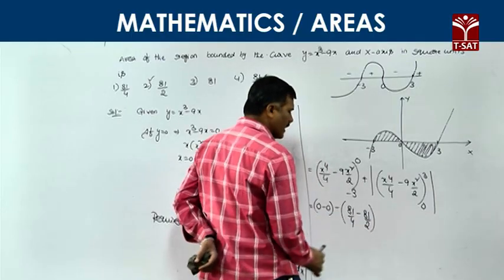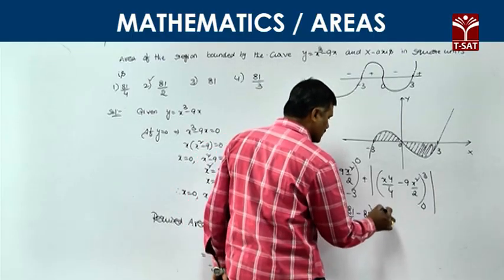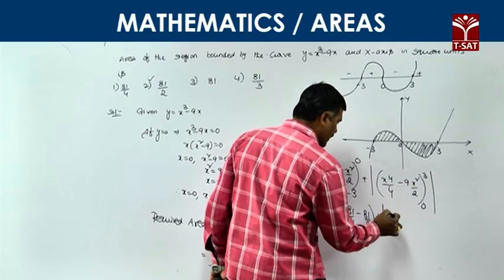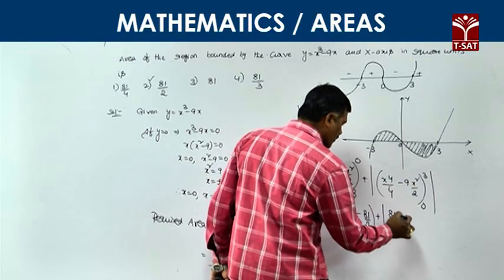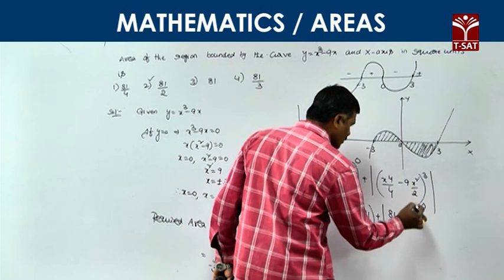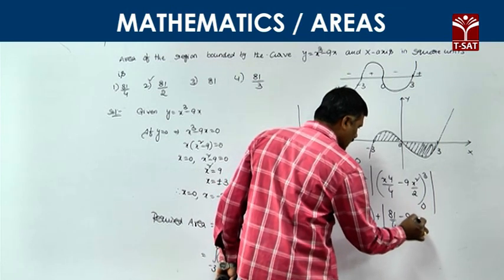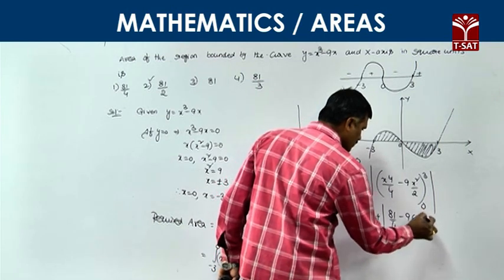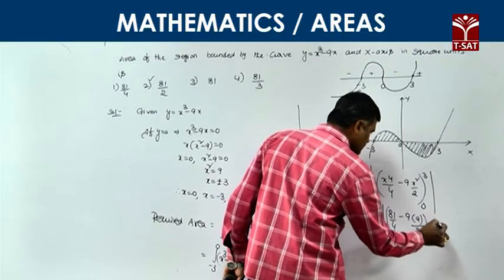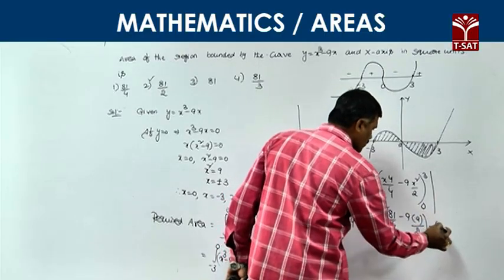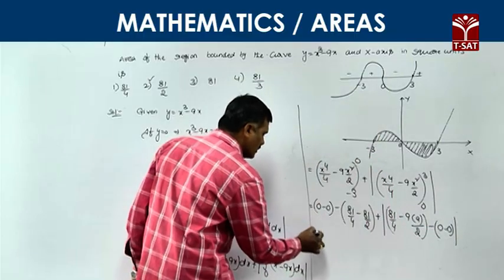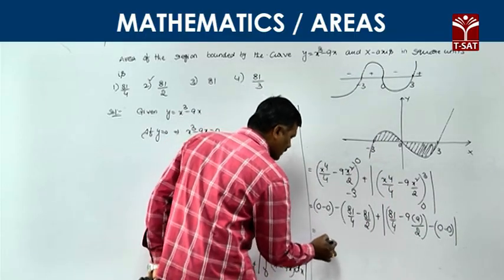Upper limit minus lower limit, plus modulus of upper limit 81 by 4 minus 9 into 9 by 2, upper limit minus lower limit 0 minus 0.